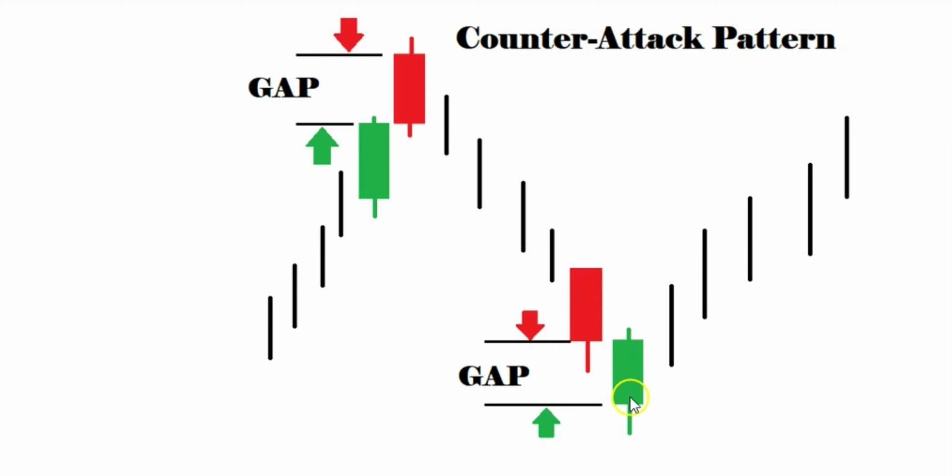The price slowly rises and ultimately the gap created is filled. The closing price of the second candle aligns with the closing price of the candlestick before it, forming a price level. This signifies a weakening downtrend, a stronger buyer presence compared to sellers, and the potential for a trend reversal from downtrend to uptrend.